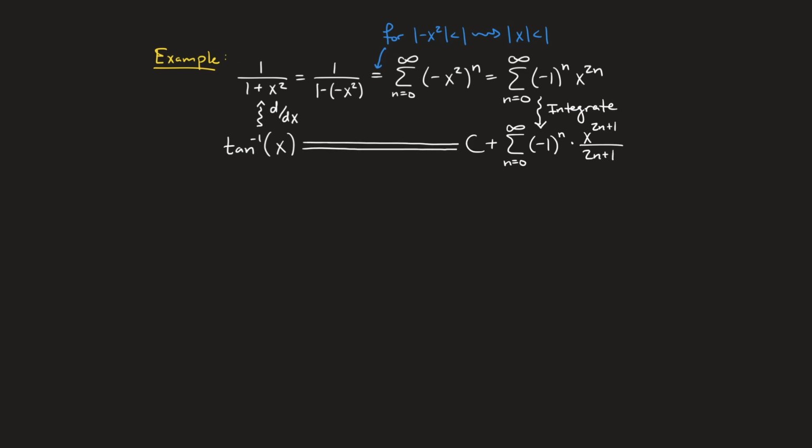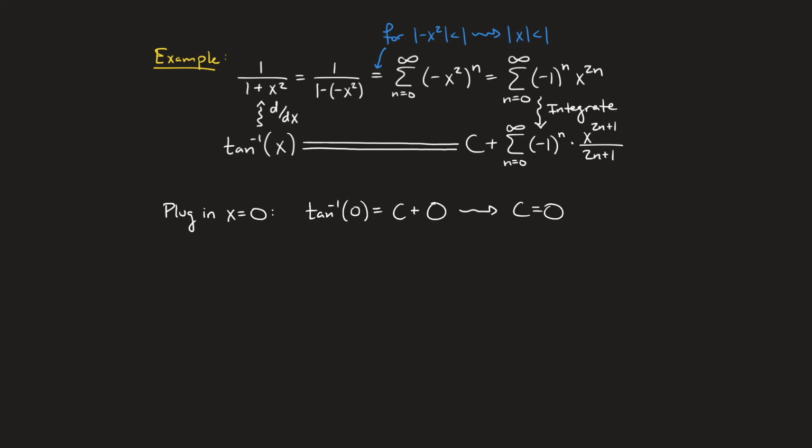So, to finish it off, we just need to find the c. Just like before, we plug in x equals 0 and get that inverse tangent of 0 is equal to c plus 0. Again, we have to be careful here that the power series does not have a constant term. And so we find that c is equal to 0.